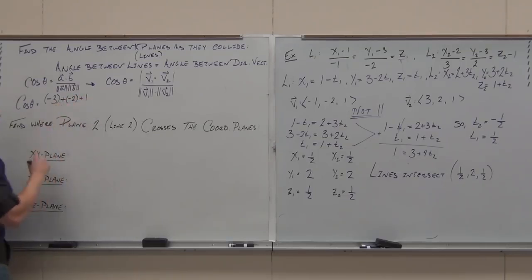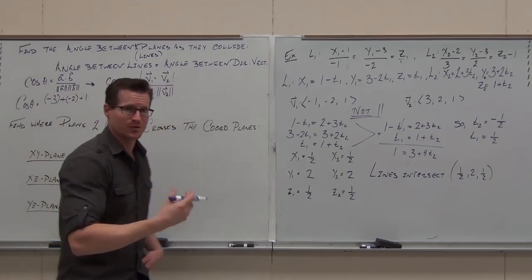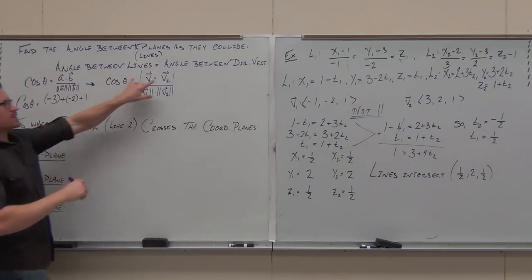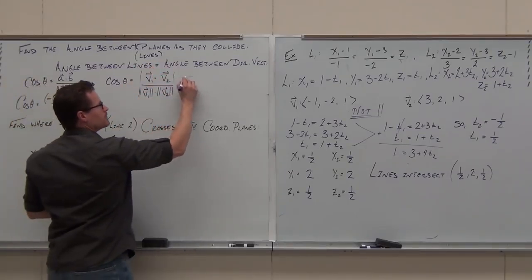Do you remember how to do a dot product? I hope that you do. We've done a lot since then, but hopefully you do. Take the components, multiply them, add them. Here, also take an absolute value so you get the acute angle.